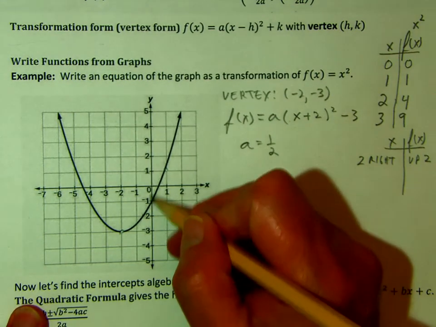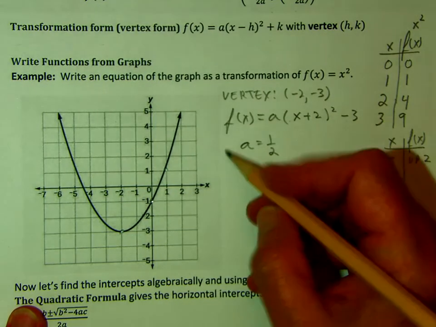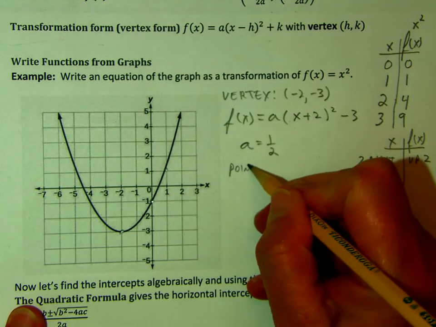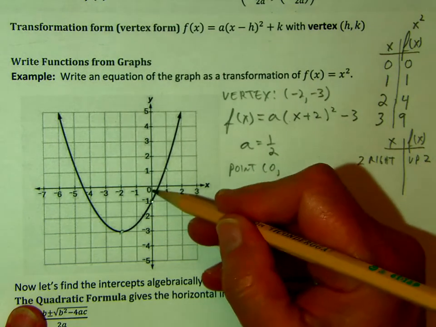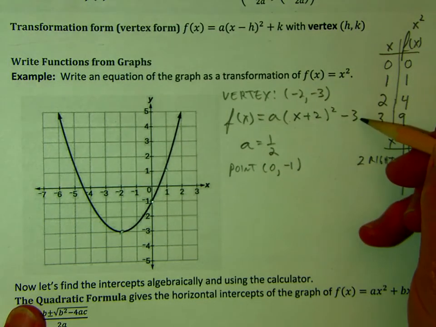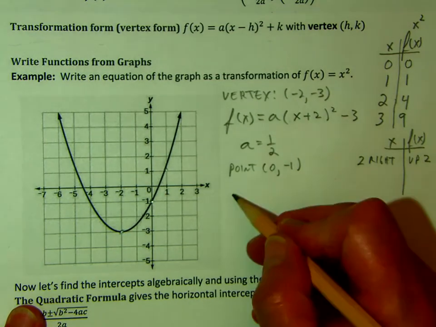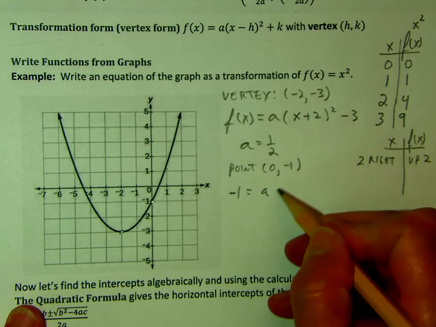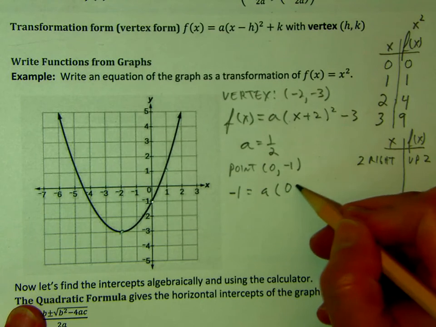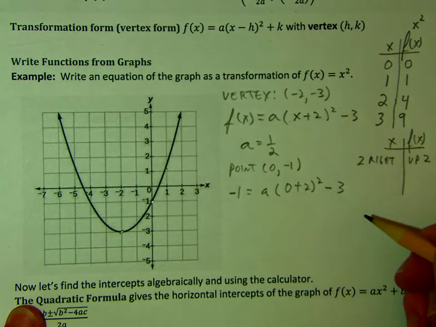So let's use this point here at x is 0 and f of x is negative 1. Sub into here, and then we can solve for a. So f of x, negative 1, is a times 0 plus 2, quantity squared, minus 3.